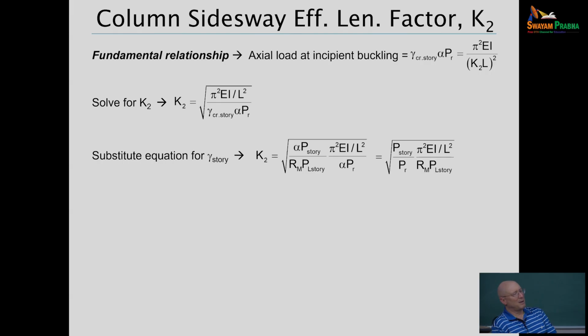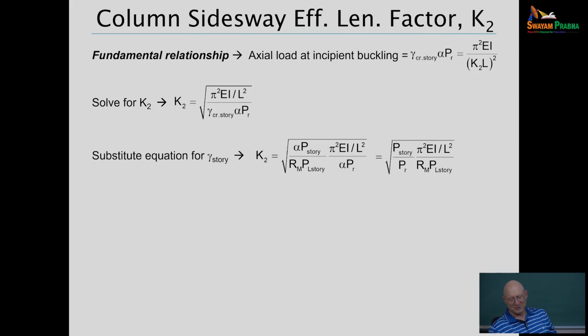So the equations I've introduced to you are what I feel are the most useful for a design engineer. In design, I want to be thinking story stiffness and how much load do I have. Now I can use different models to come up with my story stiffness. Given my story stiffness, now I'm coming down to an individual column. What's the column effective length factor?